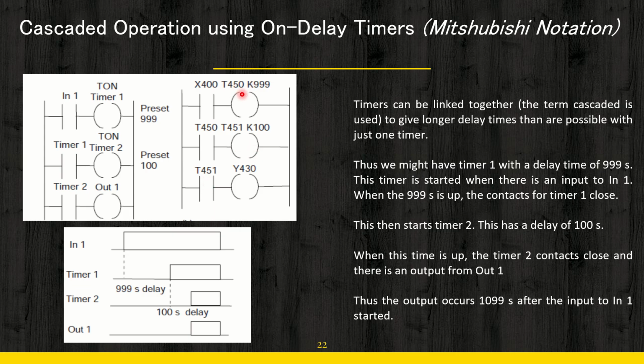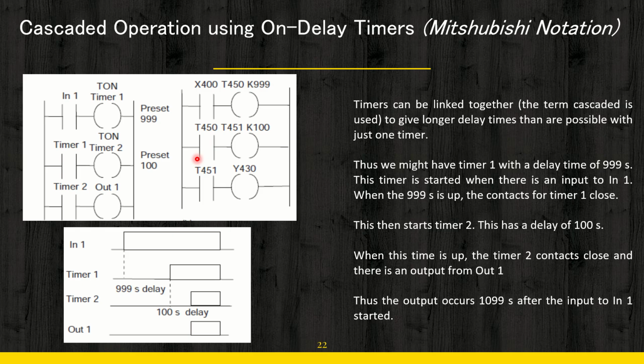because you can see this timer is T450 and this contact is T450. This contact is associated with this timer coil and this contact is associated with this timer coil. Finally your output Y430 is associated with the contact of the second timer. So once you put this on, first of all this timer will count the total time from 0 to 999. Once the count is over, this T450 terminal will be activated.